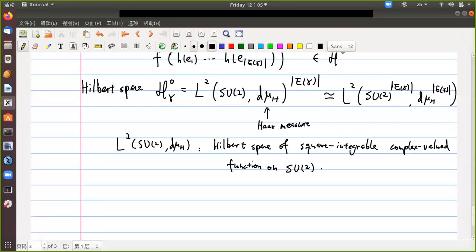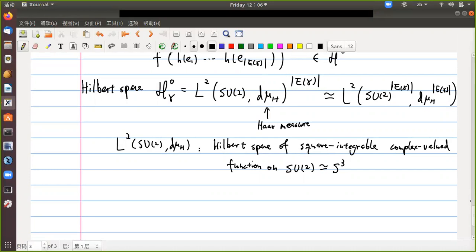This SU2 is diffeomorphic to, the same manifold as, the 3-sphere. If you're familiar with Lie groups, you know that SU2 is a manifold having a group structure. It is at the same time a manifold and also a group. The manifold of SU2 is just a 3-sphere.